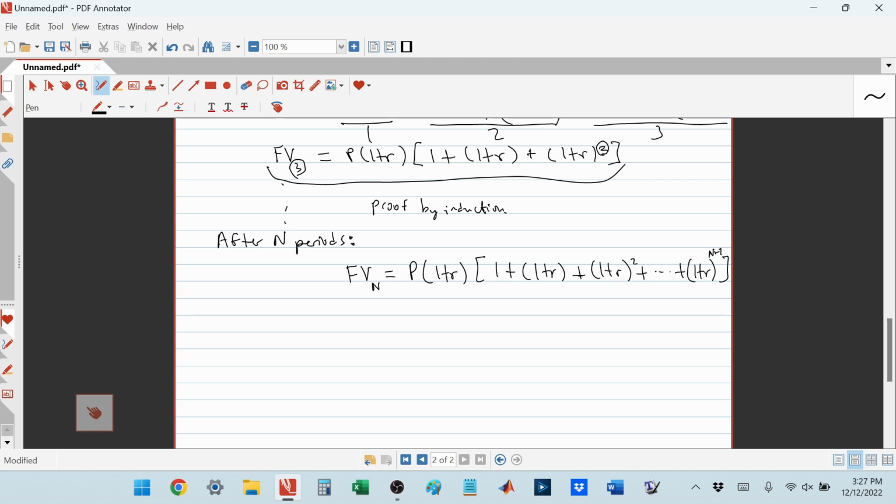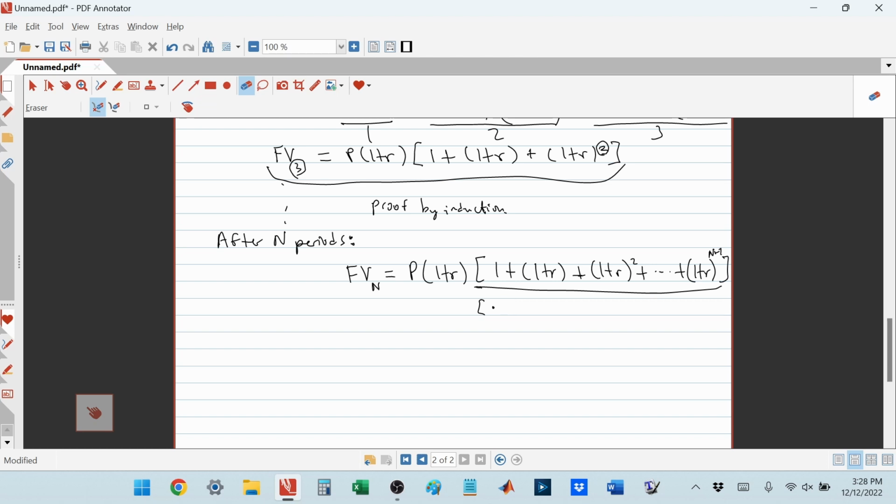The problem here is what's inside of the brackets. You see? All this. We need to find a simpler expression for this if possible. Because if n is big, like say n is equal to 100, then we have to write out 100 terms here. Right? 1 plus (1 + r) plus (1 + r) squared all the way to plus (1 + r) to the power of 99. That's 100 terms.